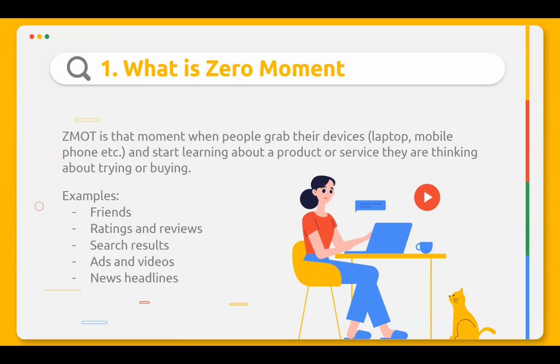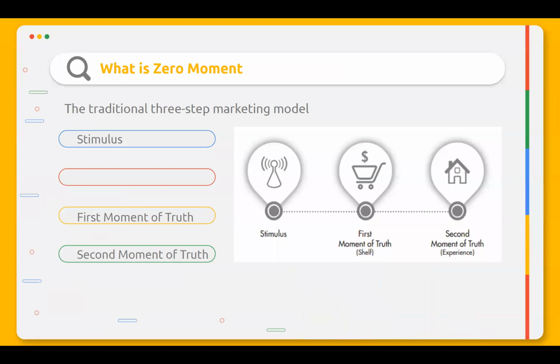And from a digital setting, it can be seen in reading reviews, ratings on products. Also, when users go ahead and search and see those search results, looking at ads or looking at the news and seeing different headlines. The zero moment of truth falls into what was the traditional three-step marketing model.